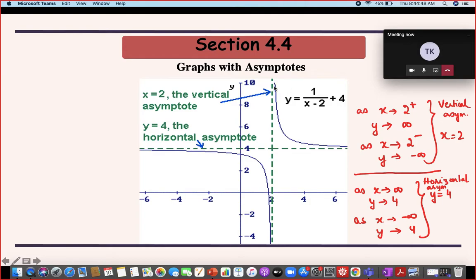When you come from above, you are not going to cross this line y equals 4, and when you are coming from below, again you are not going to cross this line y equals 4. The values of the function are going to get closer to the number 4. So this is again the effect of the two asymptotes.